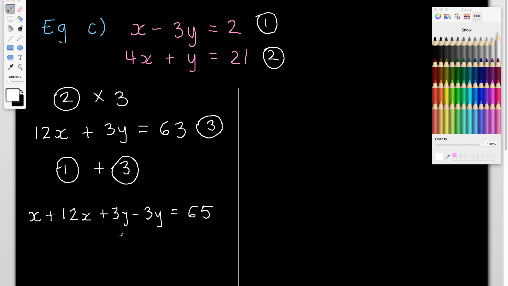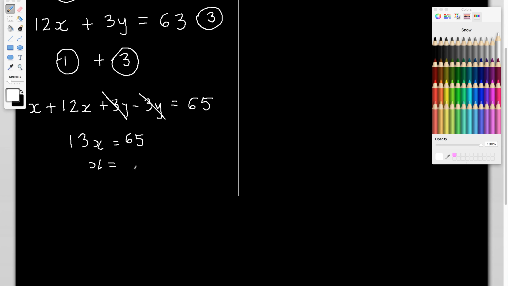This is going to cancel out. So minus 3y plus 3y, that's now gone. It's eliminated. I'm left with 13x equals 65. So x is 65 on 13, which is 5. So there I have my x coordinate.